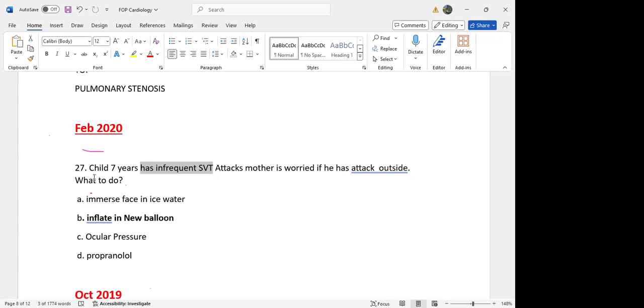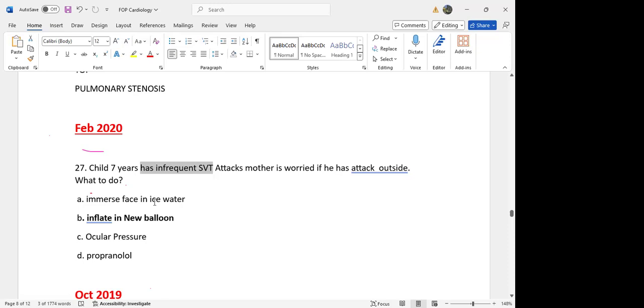This child is older, so either inflate a new balloon or blow air into a new syringe. Both these maneuvers activate the vagus nerve, and when the vagus nerve is activated, it slows down the conduction around the AV node. So this is what you will advise outside the hospital.